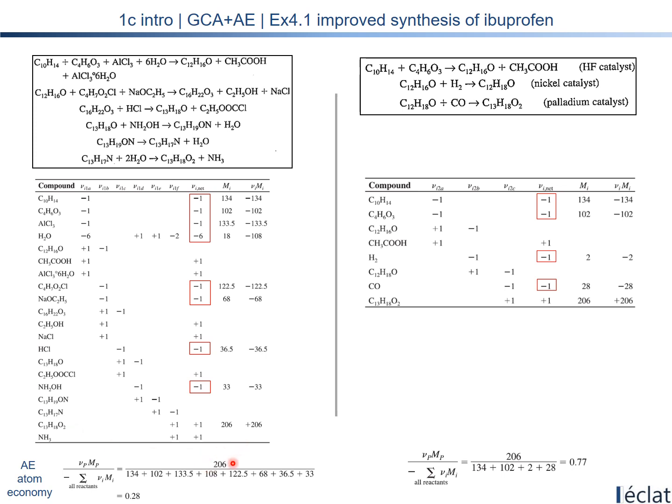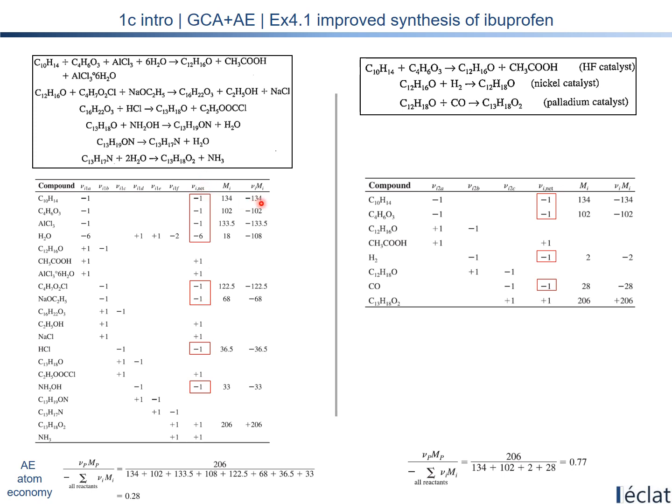In the denominator, I'd like to sum all of the reactants. In the net summation column, you can find several minus signs. It means they are the reactants.